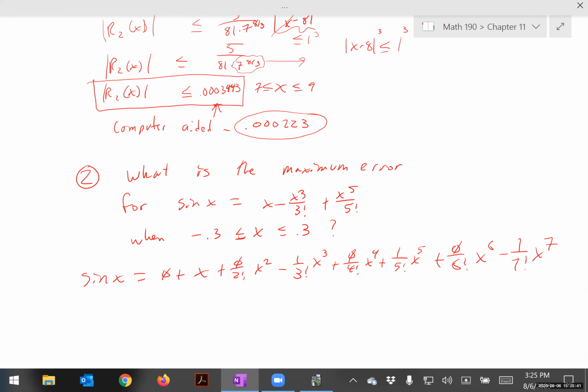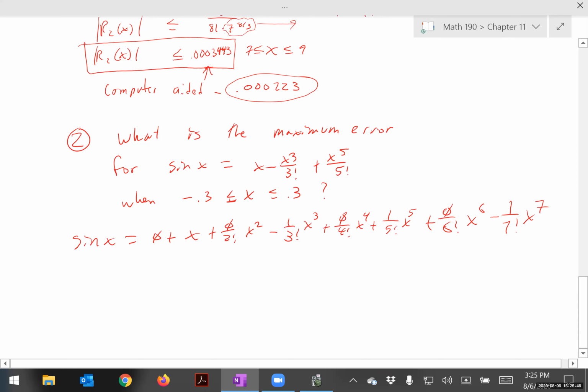The reason I wrote it out like this is because it goes back to the idea that we're taking the next term, which means that I had to go to the next term. I could have written it differently, but it just helps me see that this is actually the 8th term in this series.